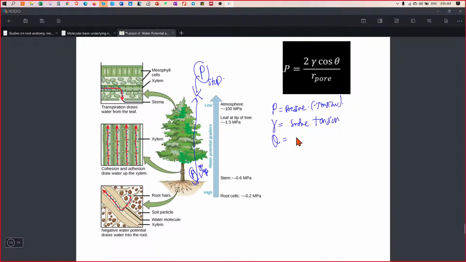Theta is your contact angle. And then you have your R, and this says pore.